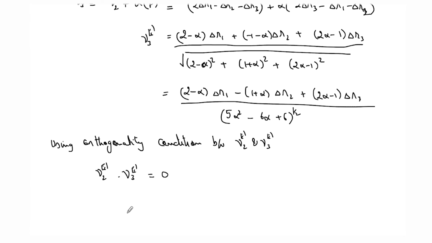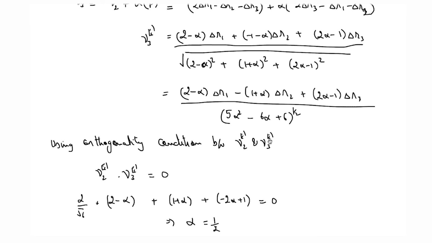I will get 2 by root 6 into (2 minus alpha). Actually this normalization is not required, because it is a common factor in all three, so it will go to 0 anyway. Plus (1 plus alpha) plus (minus 2 alpha plus 1) equal to 0, and this gives me alpha equal to half.